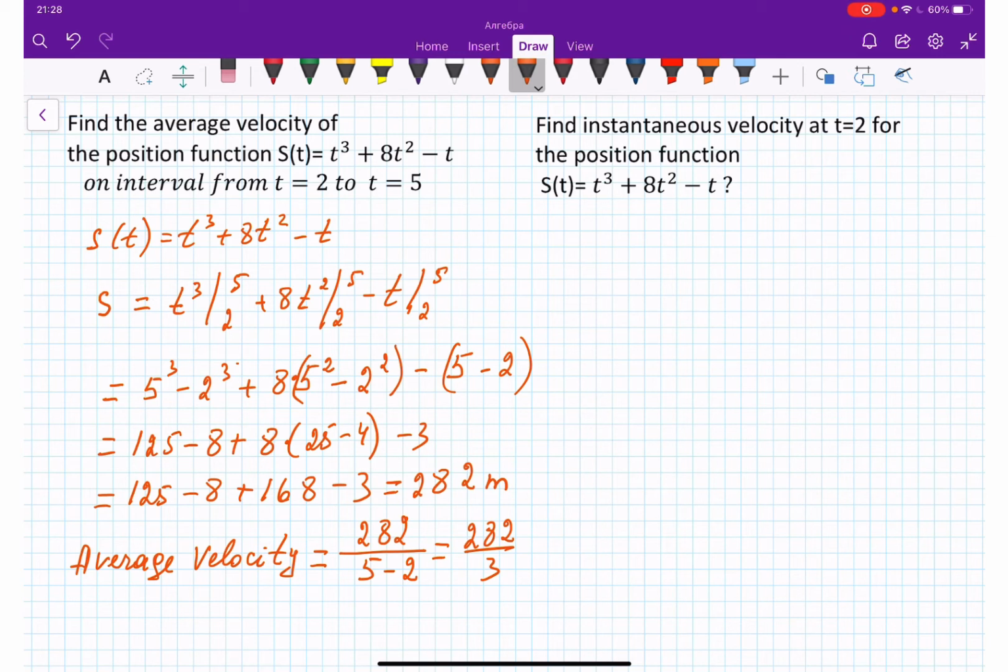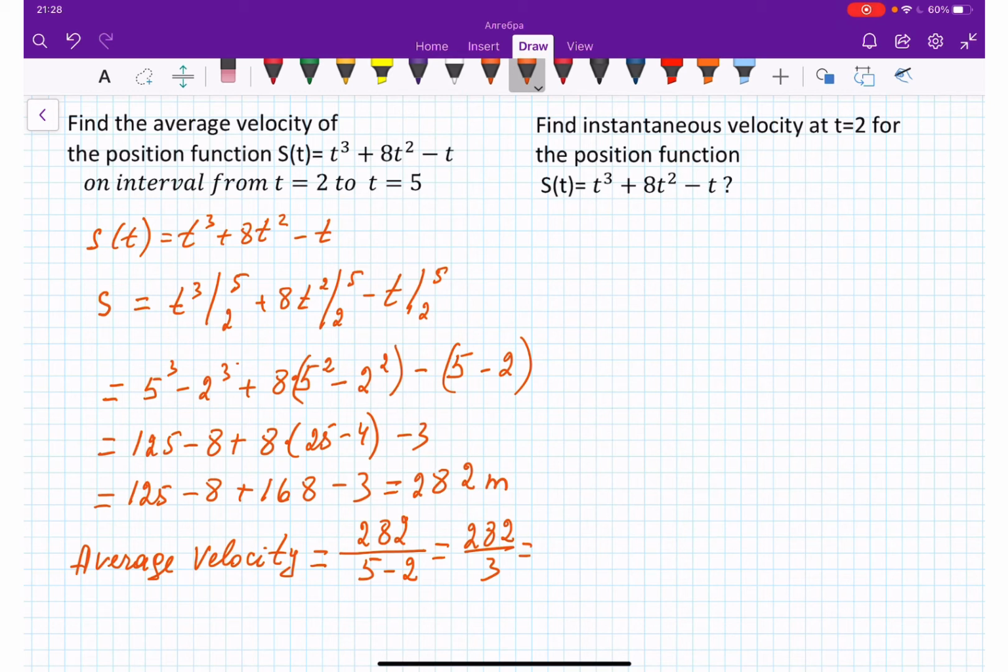So how do we figure out if it's divisible by 3 or not? 282, I'm adding the digits. 2 plus 8 is 10, 10 plus 2 is 12. So 12 is divisible by 3, which means if the sum of digits is divisible by 3, the number itself is divisible by 3.